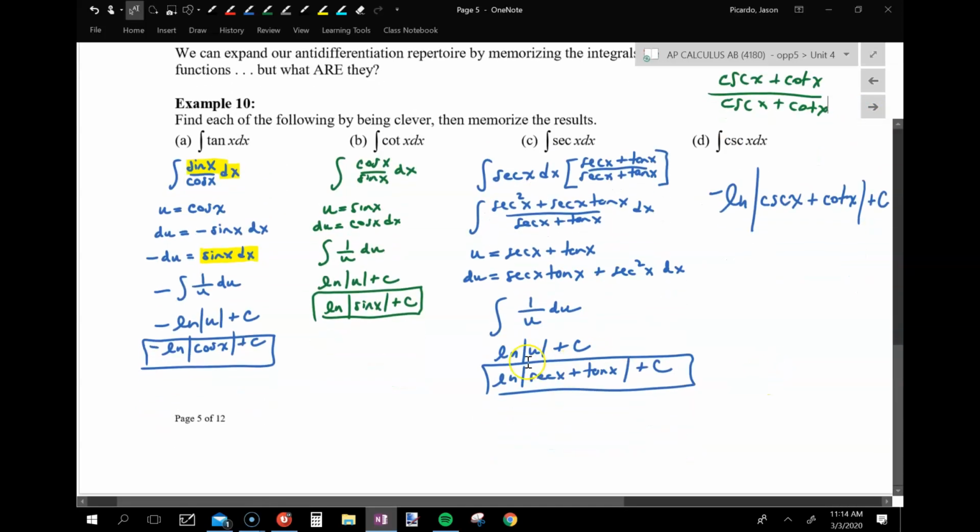Guys, what's the deal with these? Could and will the AP exam ask you to find these integrals? Yeah. So what is my suggestion? These are 4 that we're going to want to memorize. Before break, I'm going to give you a list of all of the things you're going to want to have memorized.